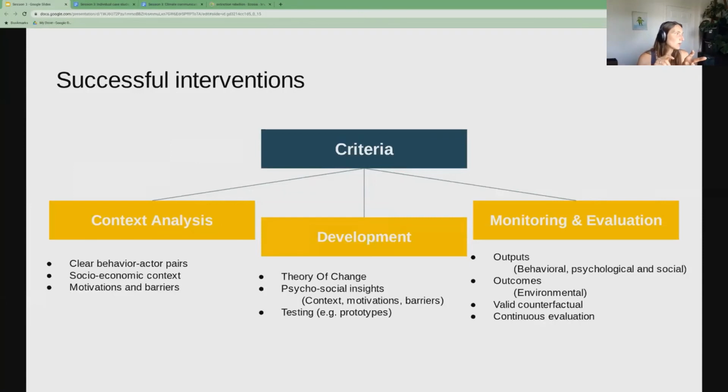So what is the intervention that is then creating a certain output and then a certain outcome? And also linking it back to what you've learned in your context analysis, really trying to speak to the motivations and barriers of your actors, and be brave to test.